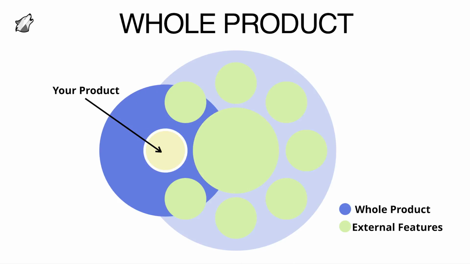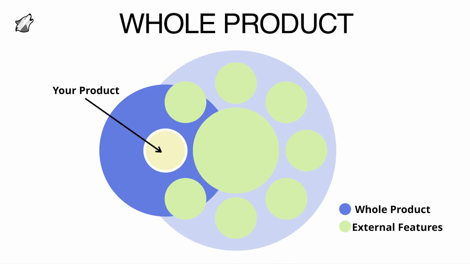But you can also think about your product as one of these smaller features, and you want to become part of another whole product. So in fact, almost all products are part of some other whole product.